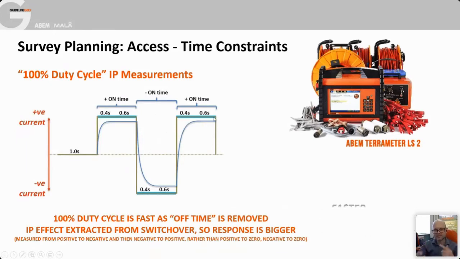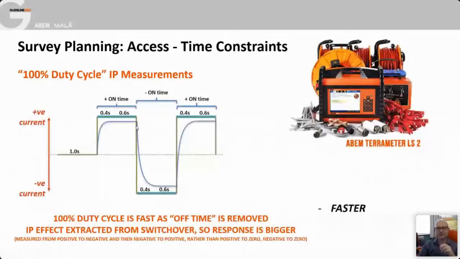It just keeps doing this direct switch over, positive, negative, positive, negative. And what we do is we use that delay time in the measurement to actually extract the IP effect, because the reason that the voltage doesn't stabilize immediately, the reason why we don't start the resistivity measurement immediately, is because we're waiting for the ground to charge up. So why not use that to our advantage?